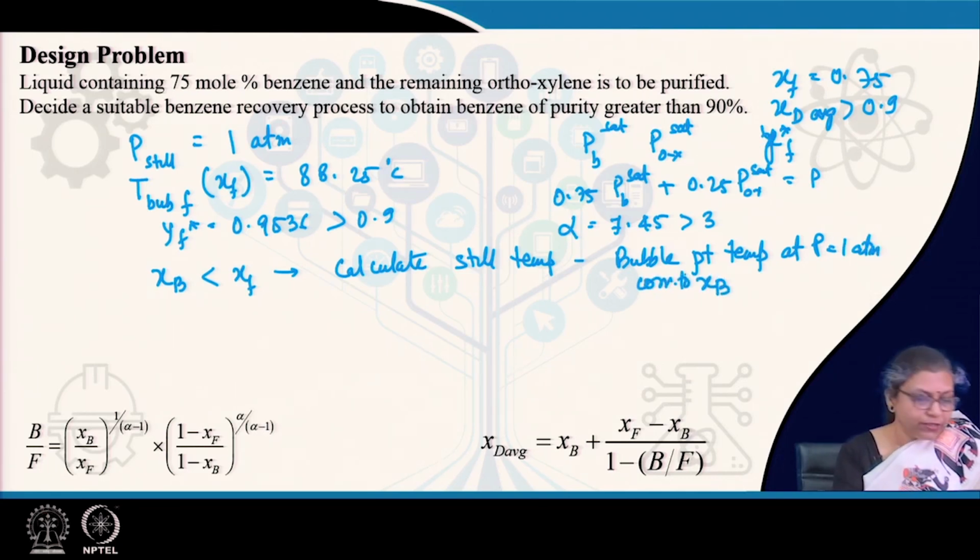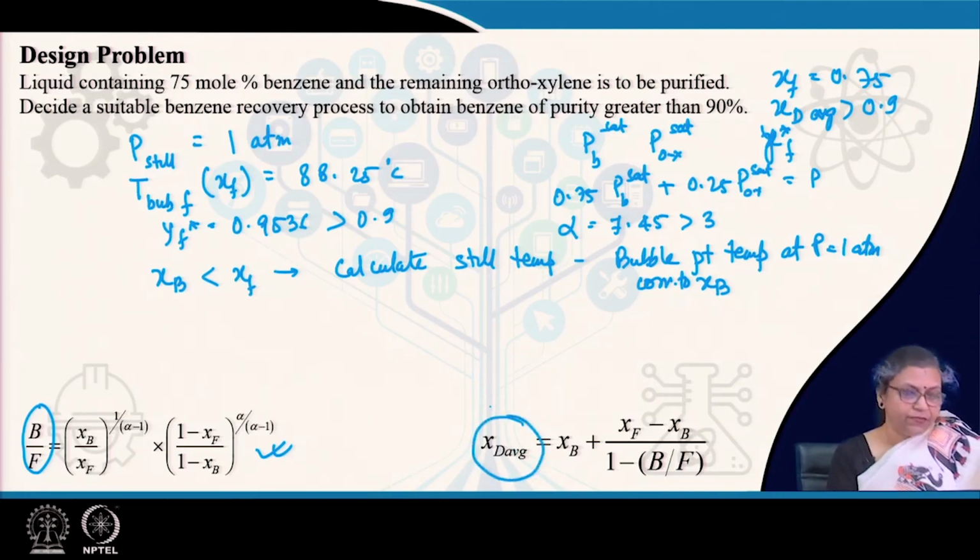So we calculate it. Then, using this particular equation, we calculate B by F. Once B by F is calculated, we can calculate XD average.